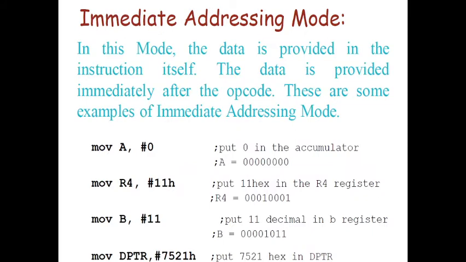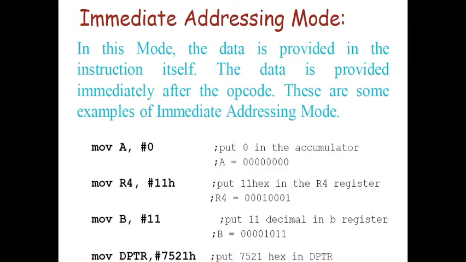Now the fourth one, the immediate addressing mode. In this mode, the operand is specified within the instruction itself. The data which is to be operated on is directly specified in the instruction. In the case of 8086, we use something like MOV AX, 5000H, where 5000H is the data directly moved.